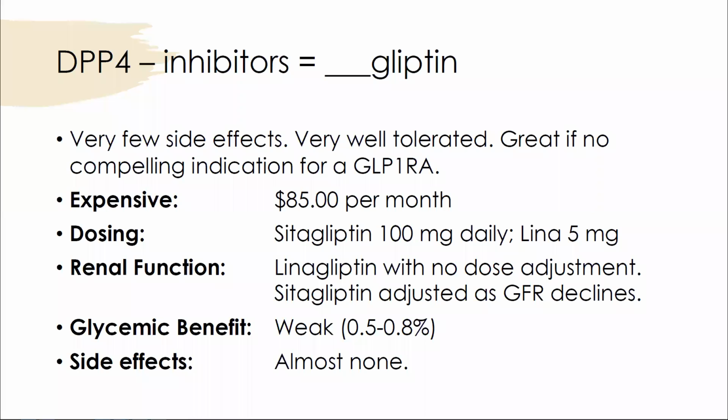The sitagliptin should be adjusted as the GFR declines. It's not a very risky medication if you accidentally leave them on the bigger dose for a while. But yeah, this is one that should actually be decreased as the GFR declines. They're not very strong medications, but the real key for this medication is they have almost zero side effects.